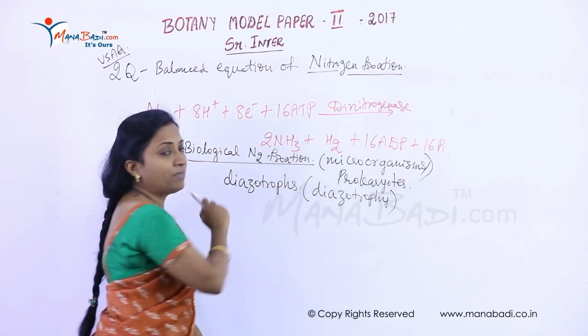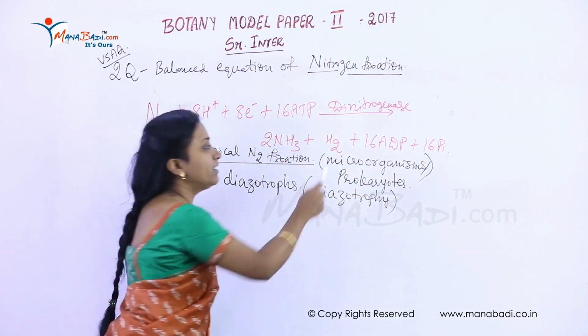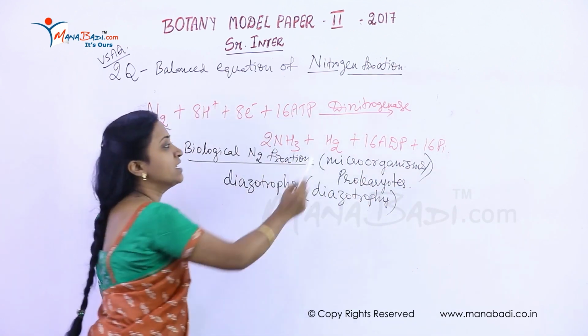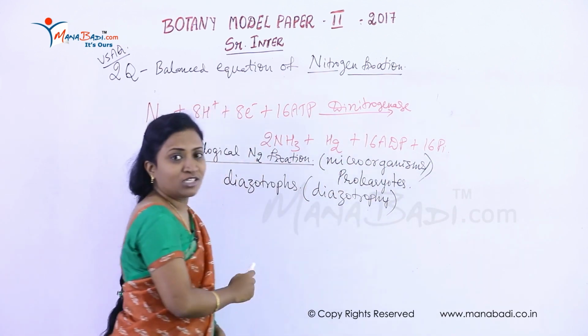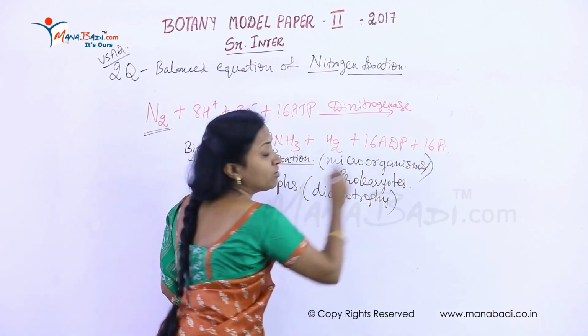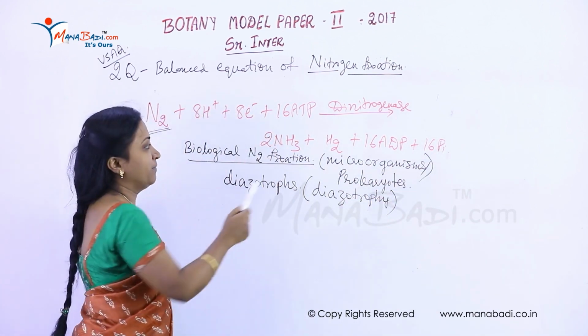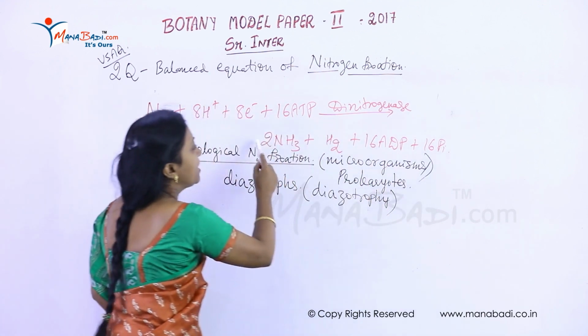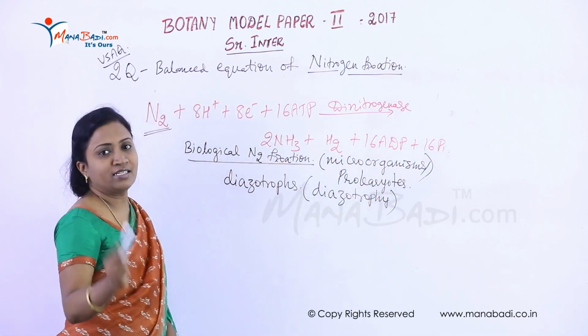As ATP is utilized, the byproducts formed are ADP, adenosine diphosphate, and Pi, where Pi denotes inorganic phosphate. These are the byproducts; the main end product is ammonia.